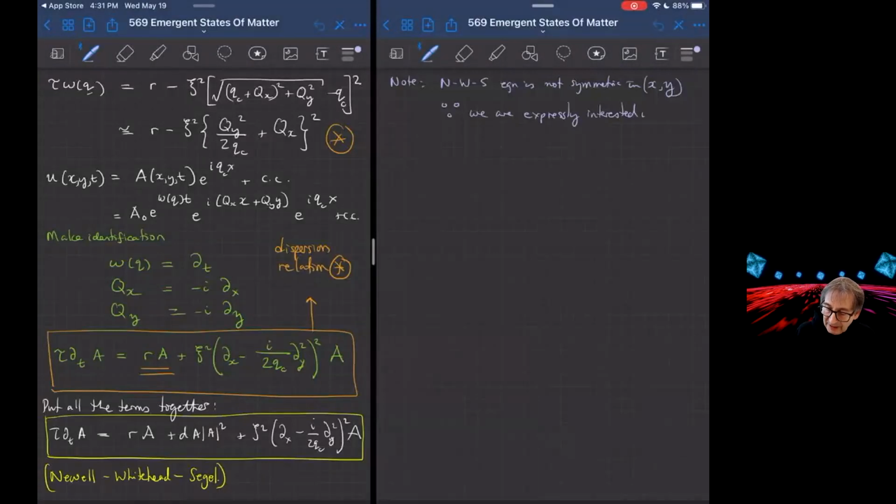And this is because we are expressly interested in rolls along Y. And so you might ask, well, okay, this is fine. So that obviously breaks rotational invariance.